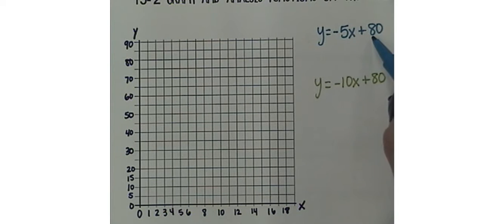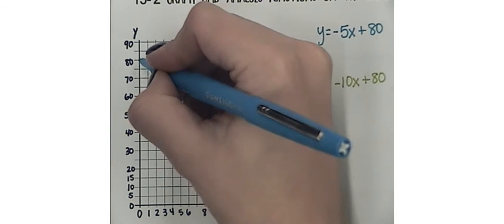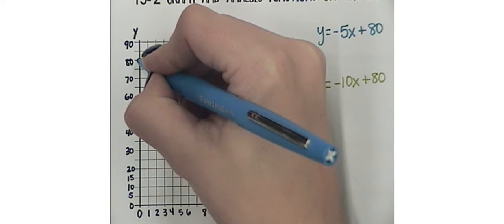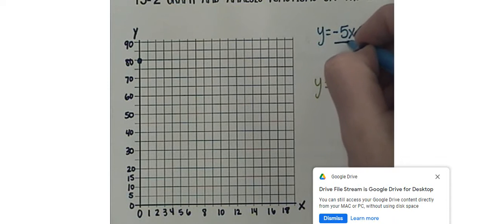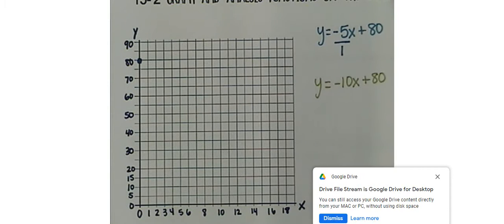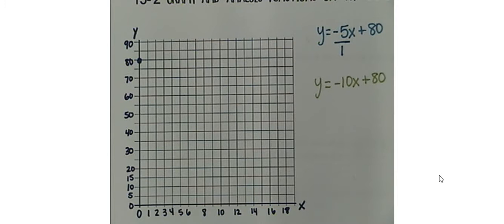So we're going to start up here at 80. That's my y-intercept. And my slope is down 5 over 1. My rise is 5 and my run is 1. So how do I go down 5 over 1?